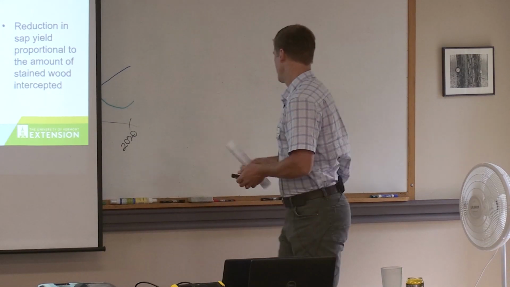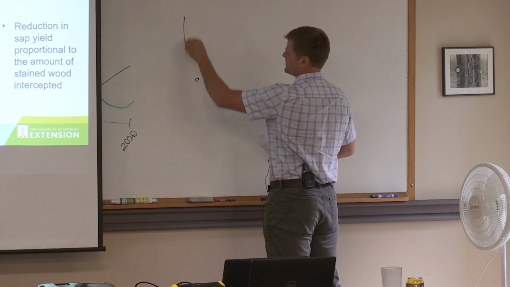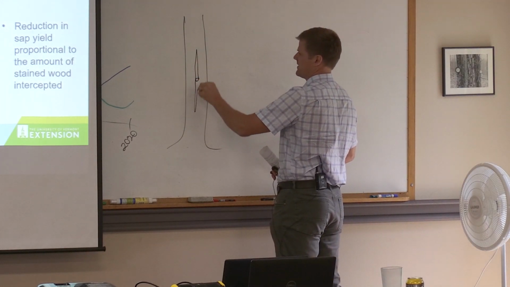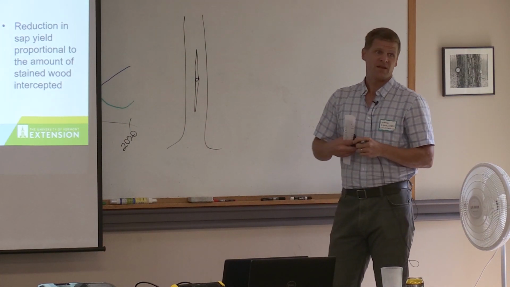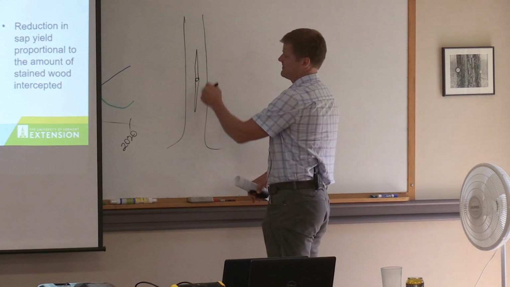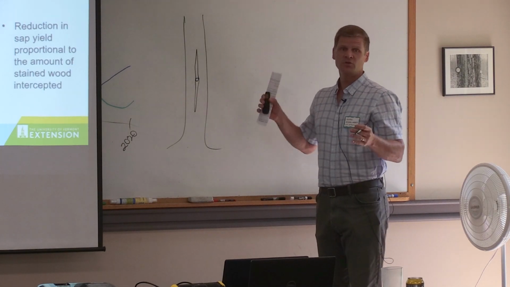The cartoon version of the tree has the staining going like this. But some great work that Abby Vandenberg has done has shown that this three-dimensional volume of non-conductive wood has a huge amount of variability.